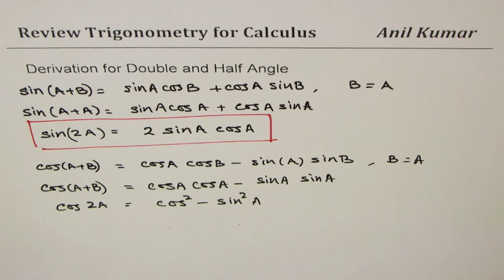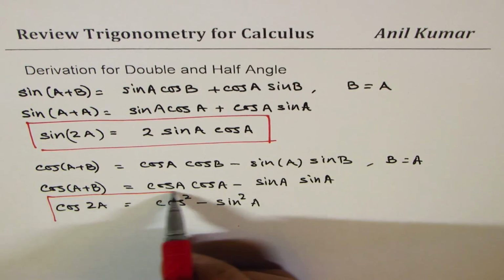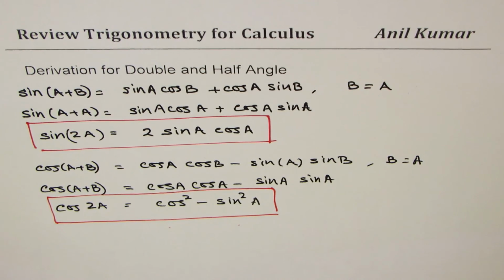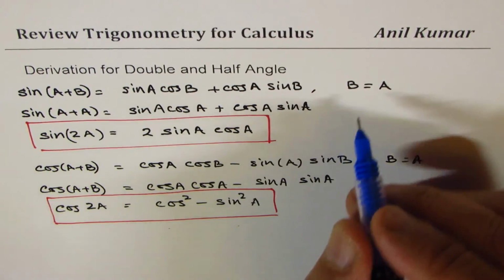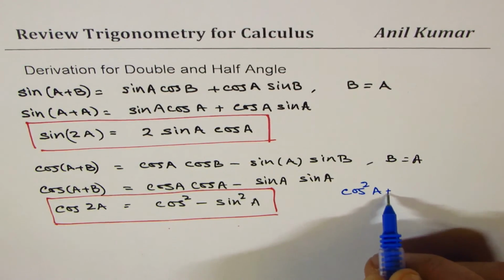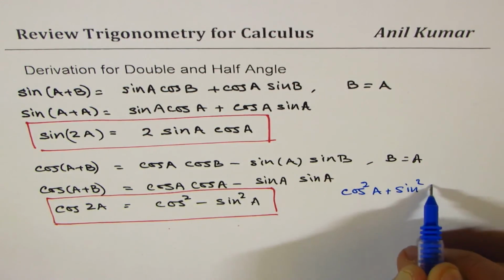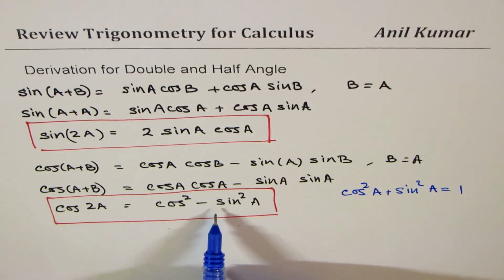Now this is a very interesting and useful result. We use it in so many different ways in trigonometry and in calculus. Let me show you how. If I combine this formula with the result that cos square A plus sine square A equals 1, then we can write this in different forms.